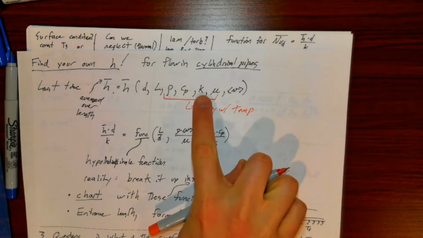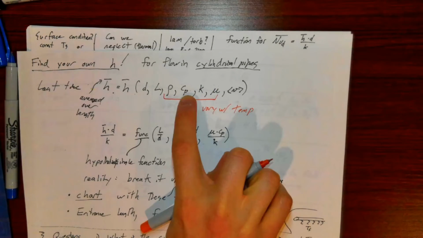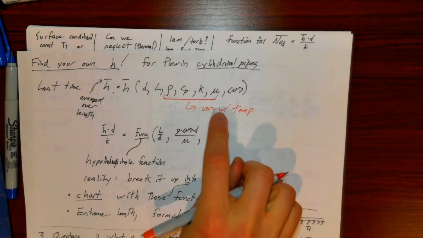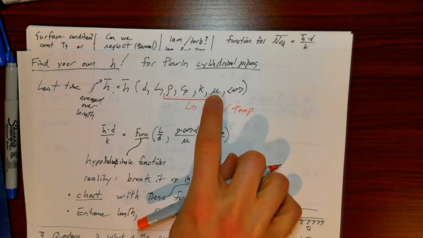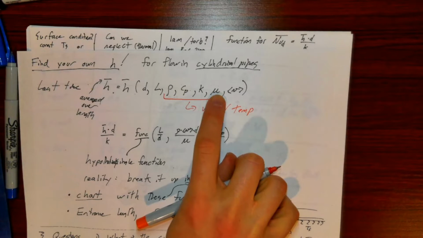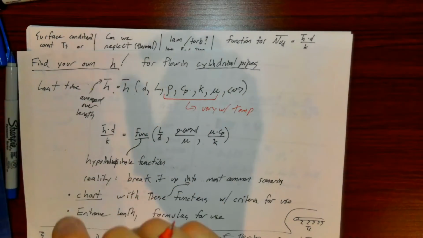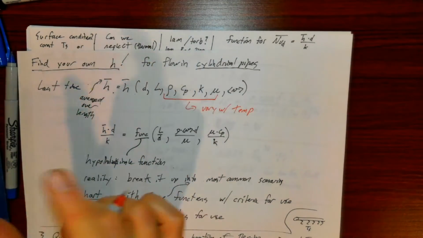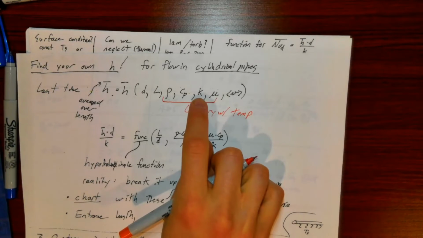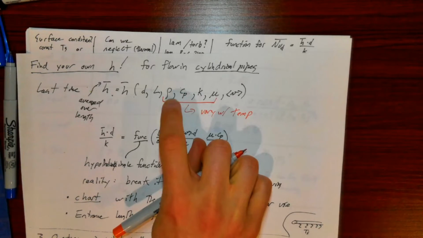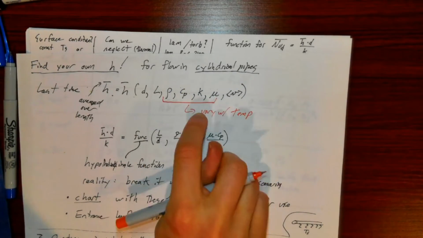Here I kind of described these things all as constants, but in real life we know that these things vary with temperature, right? We know that a lot of times, oils and other fluids get less viscous as you heat them up. A lot of fluids tend to get increased thermal conductivity when you heat them up because their electrons are freer, so they can transfer energy to each other. We all know that fluid density changes, right? Hot air rises, all that stuff, right? So all of these properties vary with temperature.